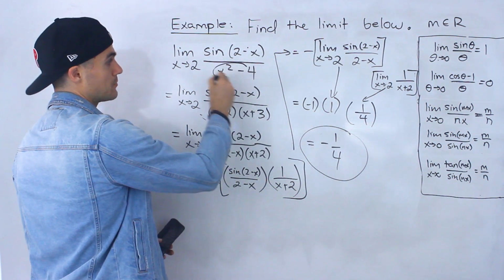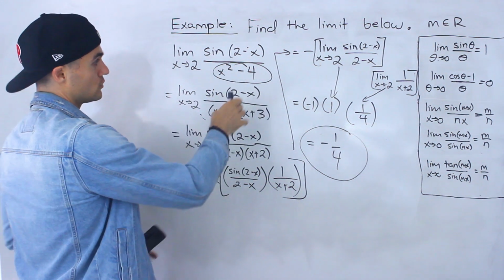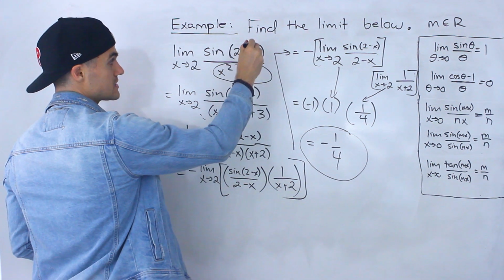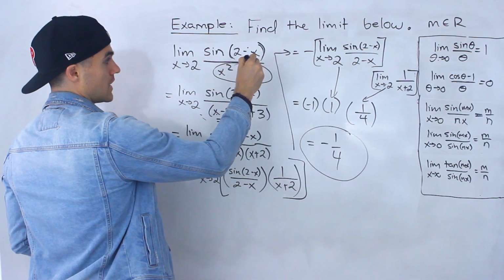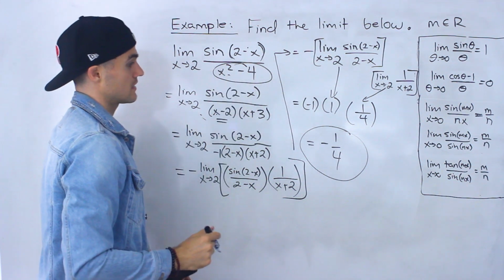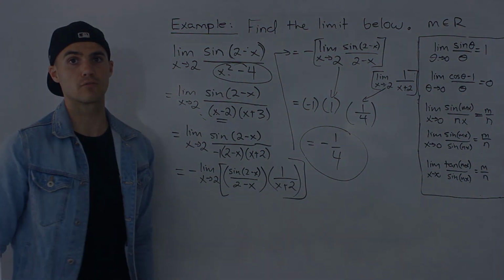So this could have been any polynomial. But when you factor it, usually there's going to be an expression in that factored polynomial that matches the expression inside the sine. But for this specifically, the answer ends up being negative 1 over 4.